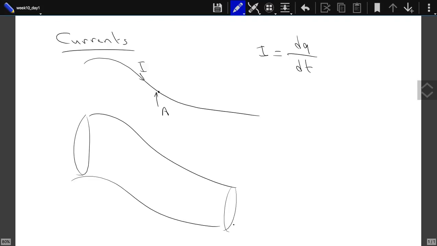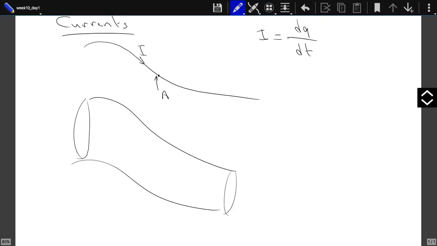If you have these charged objects that are moving, that makes a current. There's a current in this solar wind. And of course, if you assume this region in which there are charges moving, you can assume that you divide it into very small filaments. This is very thin.